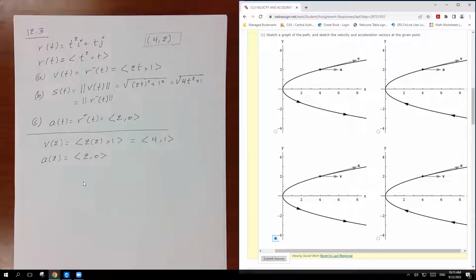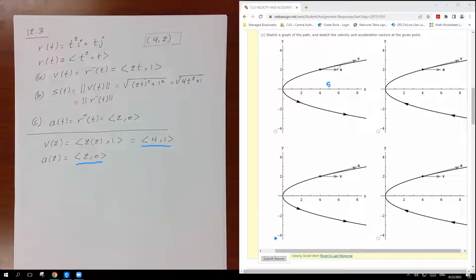Now we need to check. Here is our velocity, and here is our acceleration. So for the velocity, from this point I'm going to go 4 to the right and 1 up. So let's check. I'm checking this graph.